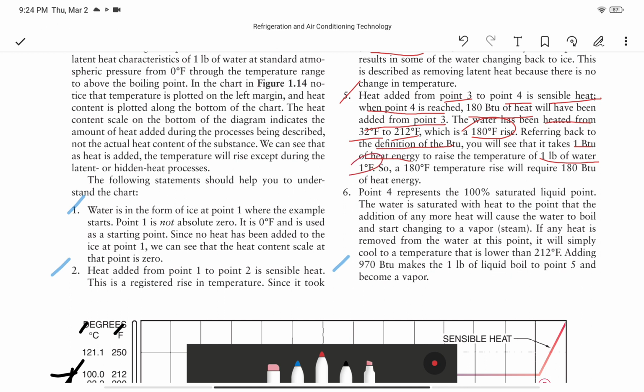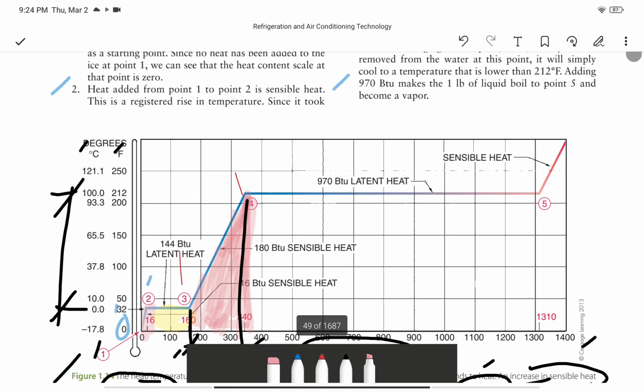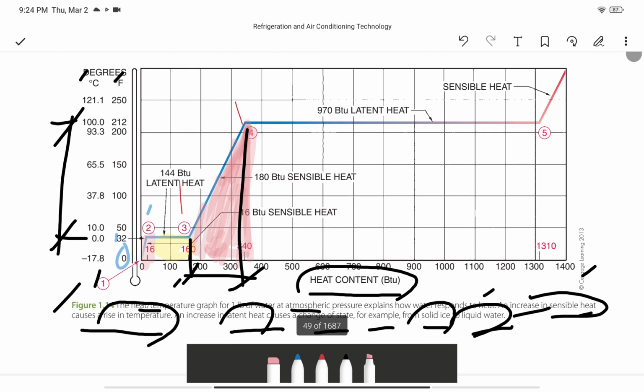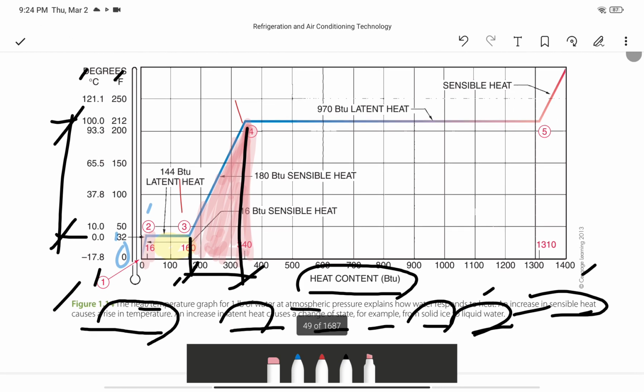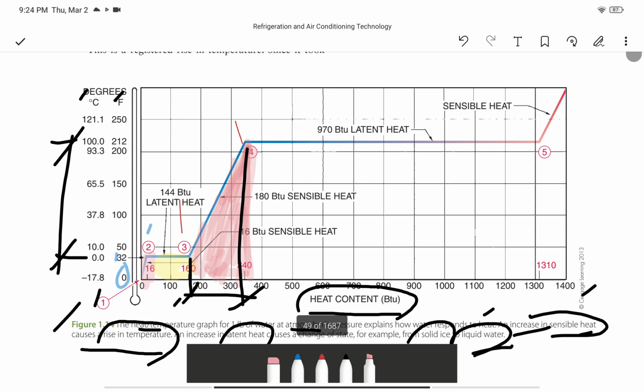So a 180 degree Fahrenheit rise will take 180 BTU of energy. This is what happened. 180 BTU, this portion here. This is what he's saying. Sensible.